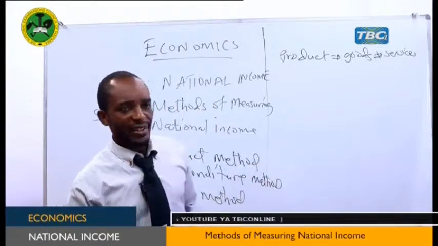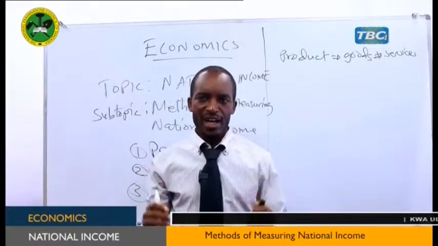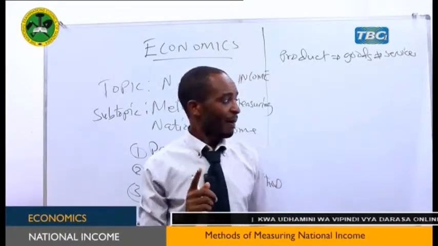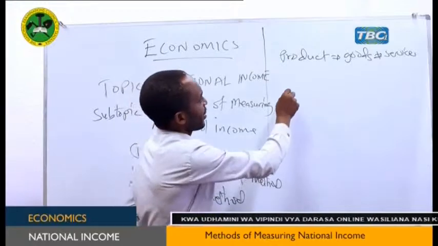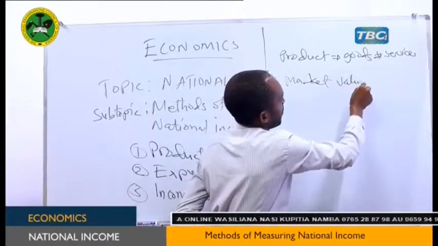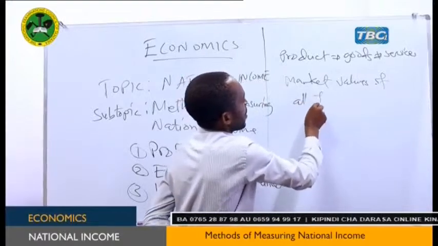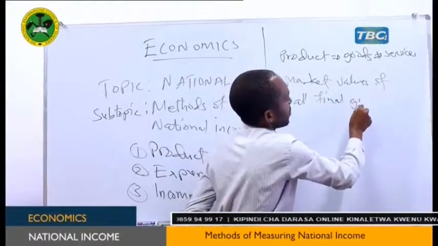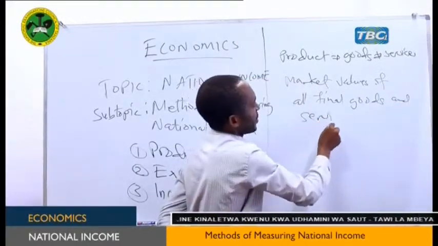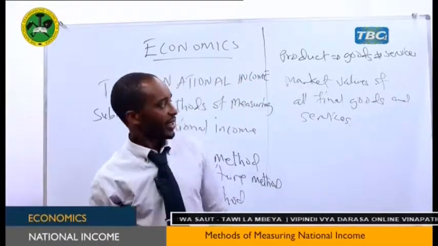Now, to find the national income by using the product method, you need to take the market values of all final goods and services produced in the economy.